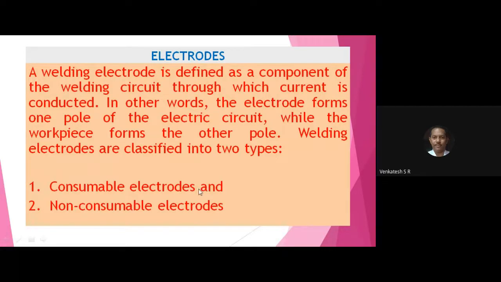Put a hyphen: consumable electrodes, write down electric arc welding, gas welding, MIG welding, etc. In non-consumable electrodes, put a hyphen: TIG welding, laser beam welding, etc. See, two types of electrodes are used in welding.